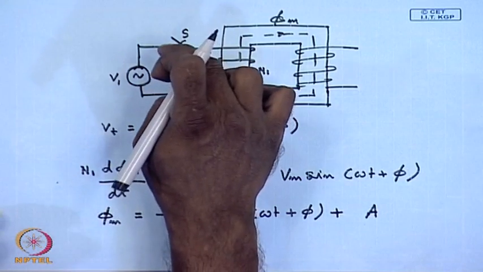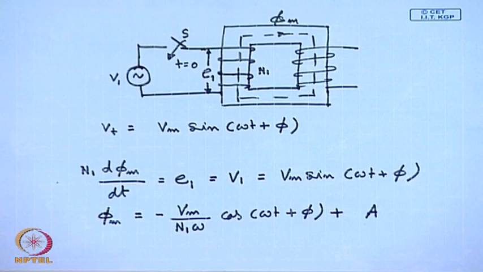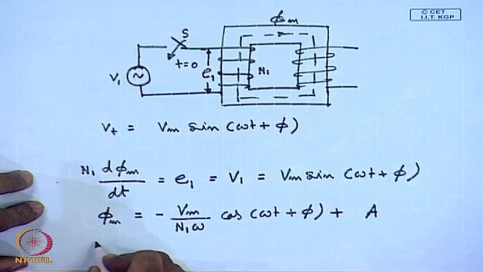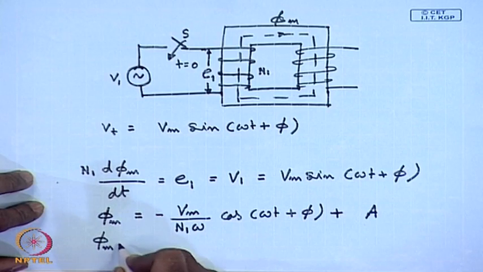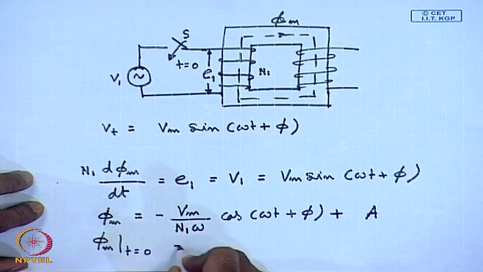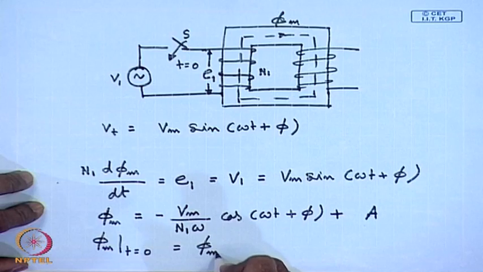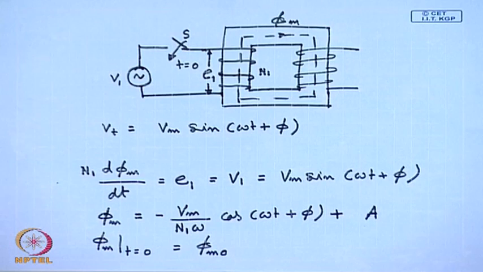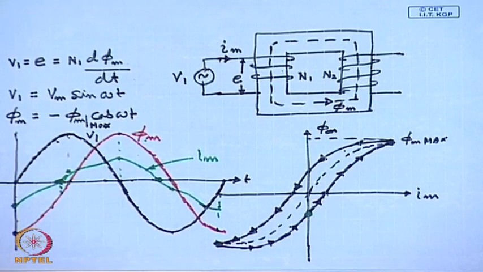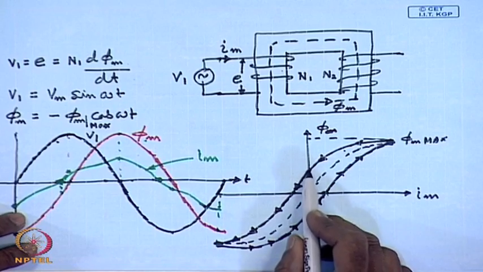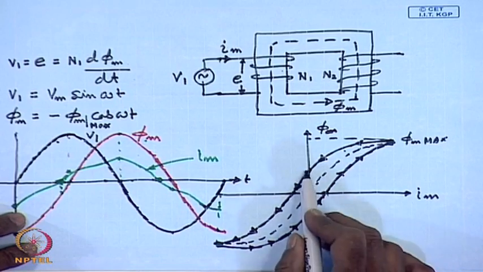Now, let us say before this switch was turned on, the phi m had an initial value of phi m 0, that is phi m at t equal to 0 equal to phi m 0. Now, phi m 0 need not be 0, because in a practical transformer we have seen due to hysteresis, even when the magnetization current is 0, the core flux may not be 0.